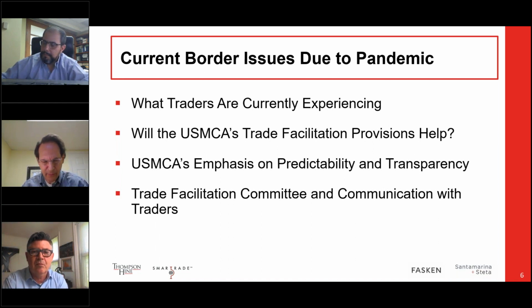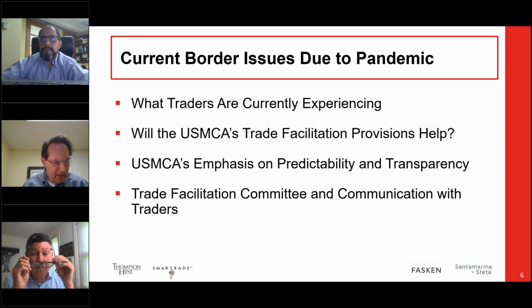And hopefully that reduces some of the risk associated with border points, again aimed at smoothing the border. The agreement also contains a trade facilitation committee that enables administrators to speak to each other about particular shipments, pending shipments, and how the border is being managed. And so presumably some of those issues will be managed as well.